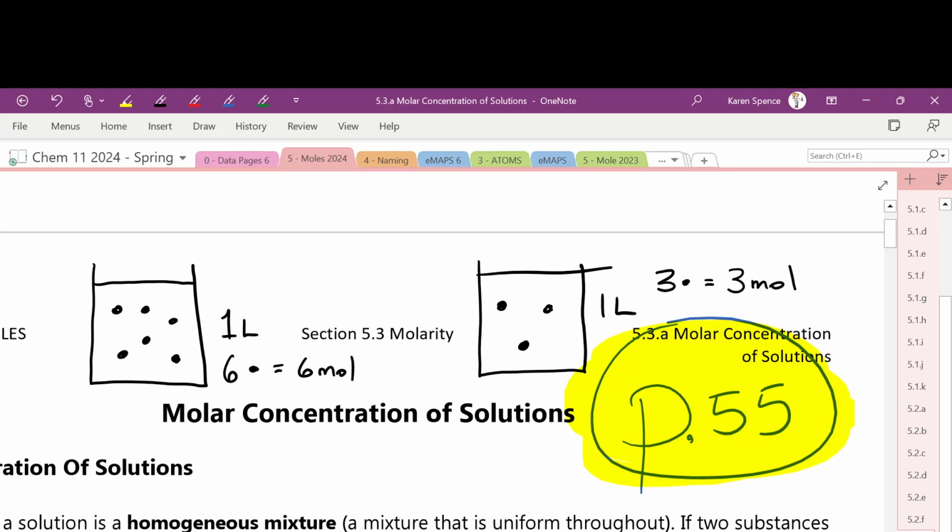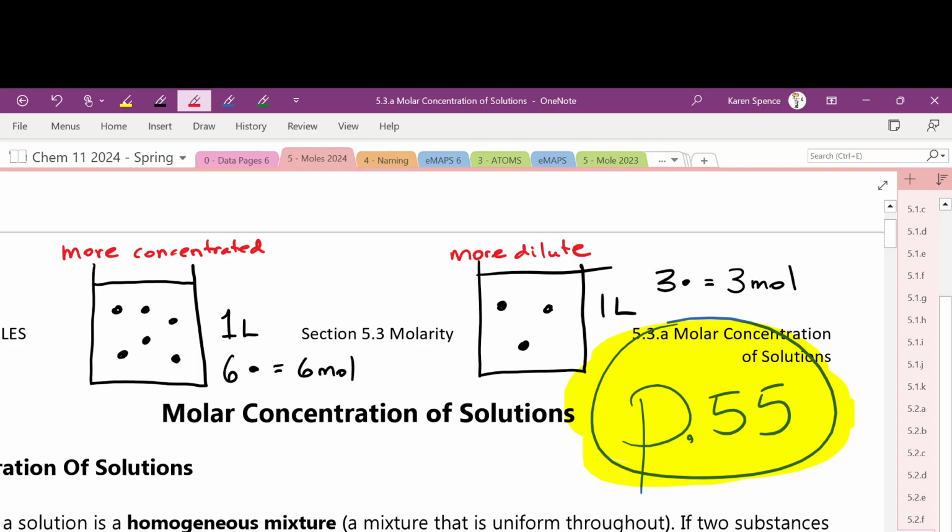Chat with your partner. That one's concentrated kind of, and the other one is dilute. Yes, the one on the left is more concentrated, and the one on the right is more dilute.